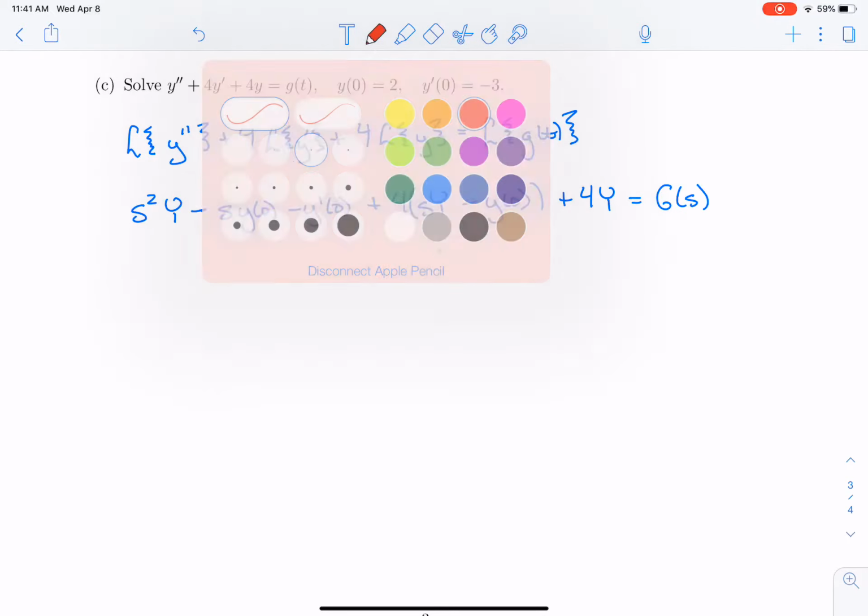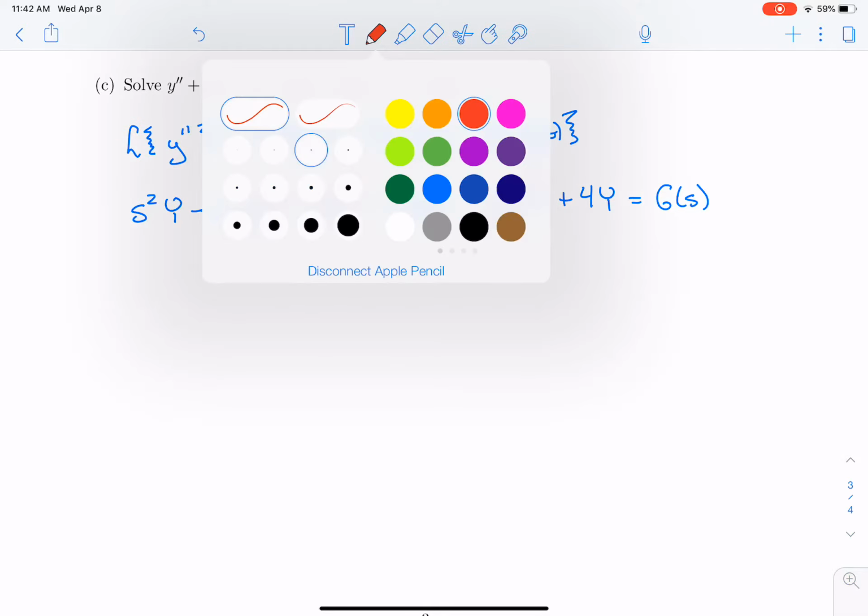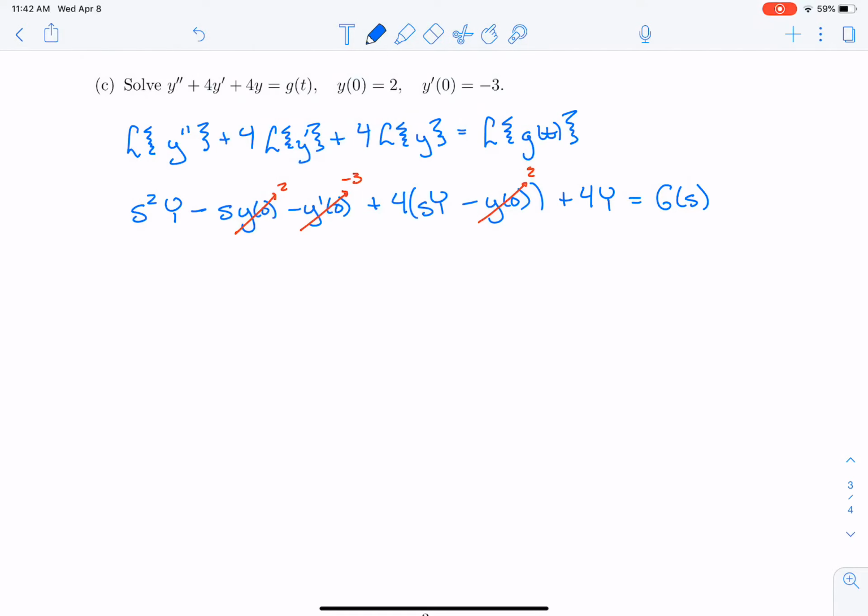Okay, so I got to fill in some of these initial conditions. y of 0 is 2. y prime of 0 is minus 3. And so I'm going to get s squared plus 4s plus 4 times Y. So those are all the things that are multiplying Y. Then I'm going to get a minus 2s.